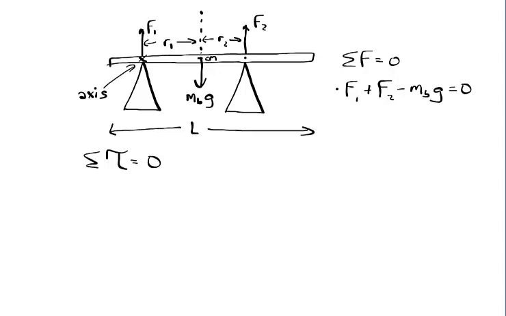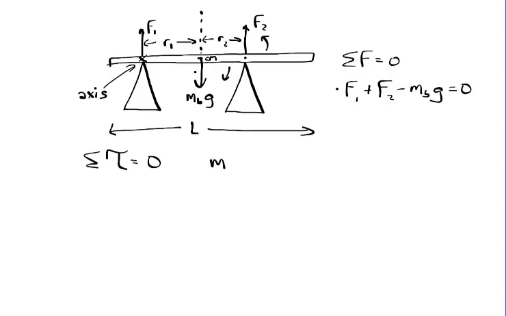Now what I'm going to do, thinking of this as the place of rotation, the axis of rotation, I can look at this force here and say, that looks like it would produce clockwise rotation on this object. And I can look at this force over here and say, that looks like it would produce counterclockwise rotation on this object. So now I'm going to write an expression for the torques.